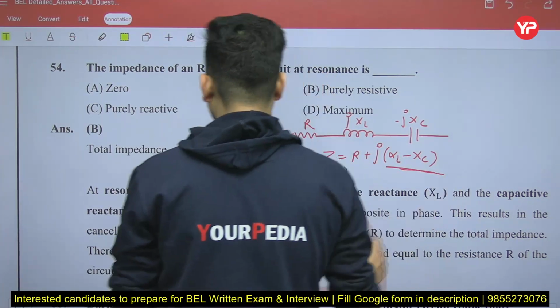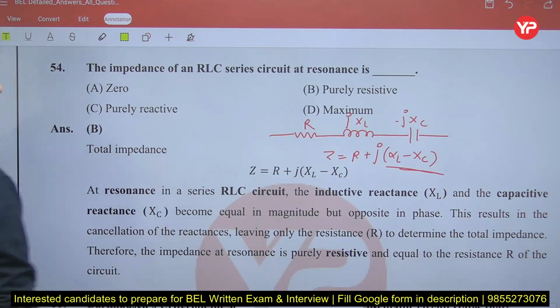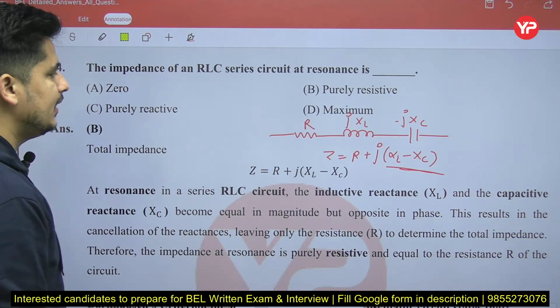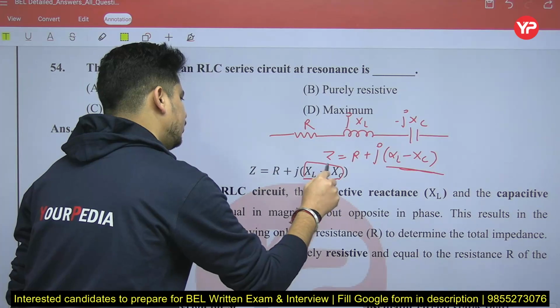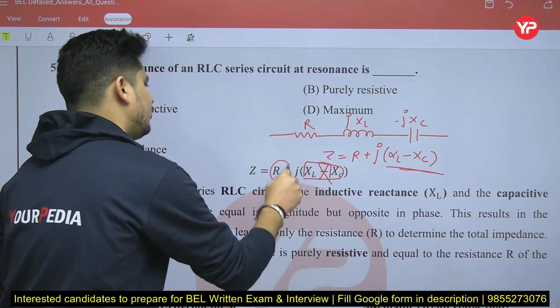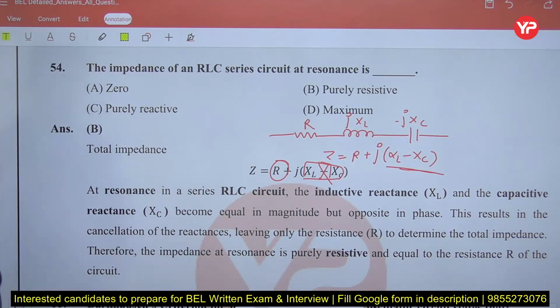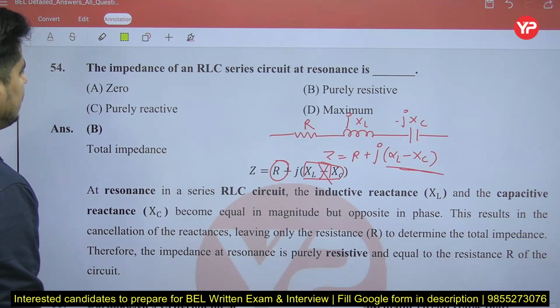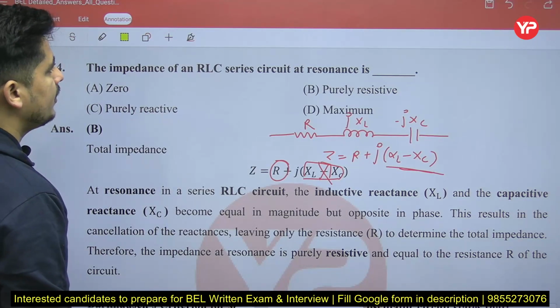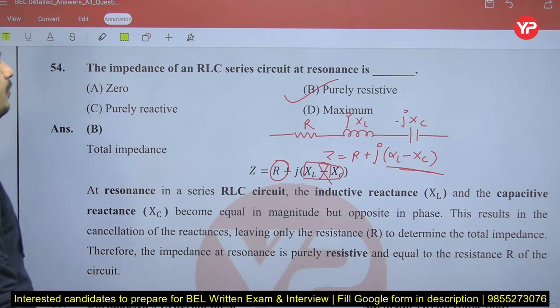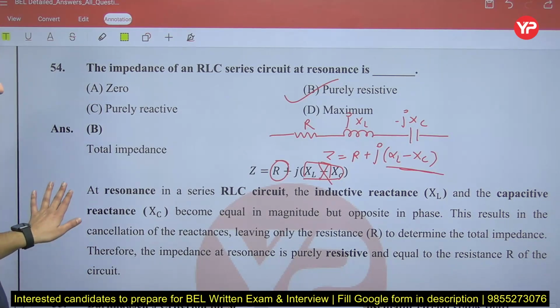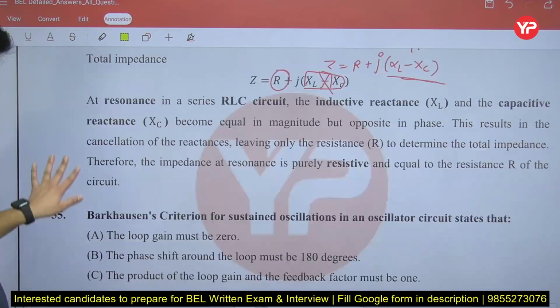See, basically at resonance, XL should be equal to XC. Whenever XL equals XC, this term becomes 0 at resonance. So we have only resistance. So at resonance, we have purely resistive. So what will be the answer? Purely resistive. So the impedance of RLC circuit at resonance will be purely resistive.